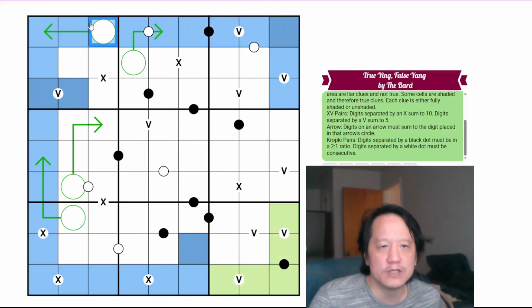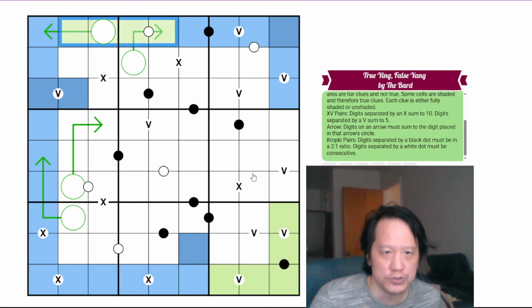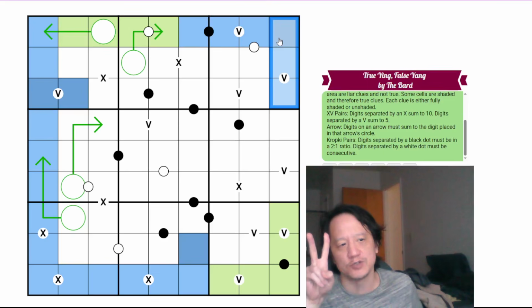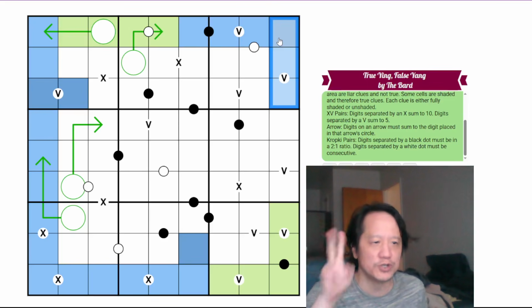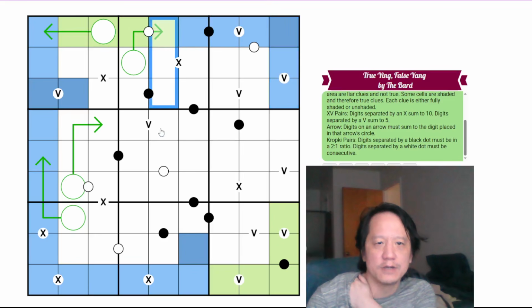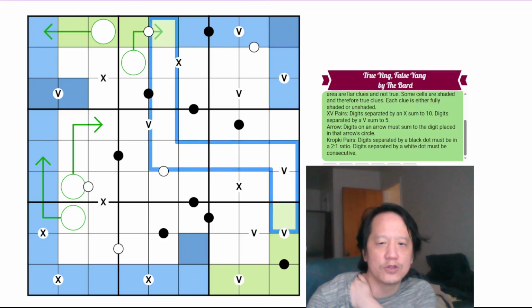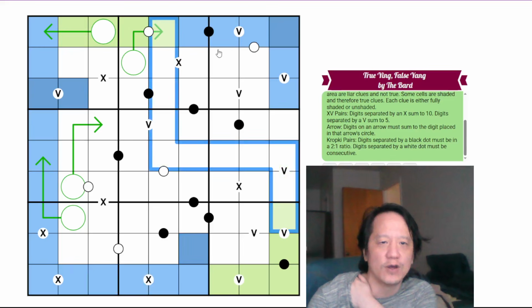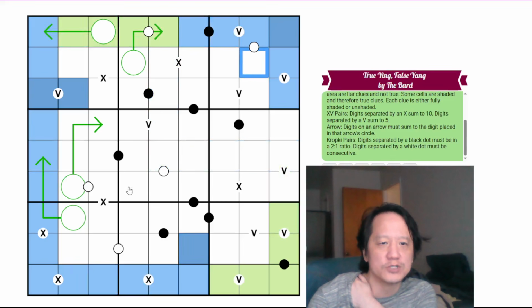But one thing you can also deduce, just by looking at geometry, is you cannot have more than 2 changes of shading. You could have 0 or 2, but you cannot have more than 2 on the edge of the grid. And it's basically just pure logic. How do you orthogonally connect the green regions without breaking apart the blue regions into 2 separate regions? And the answer is you can't if you have more than 2 changes of shading.